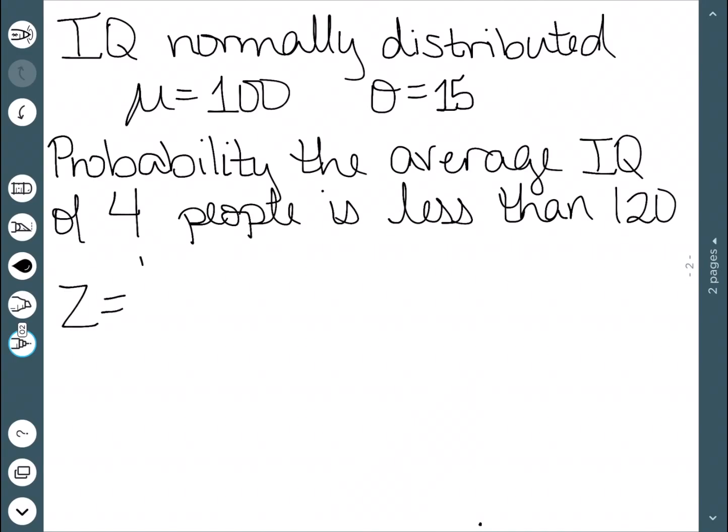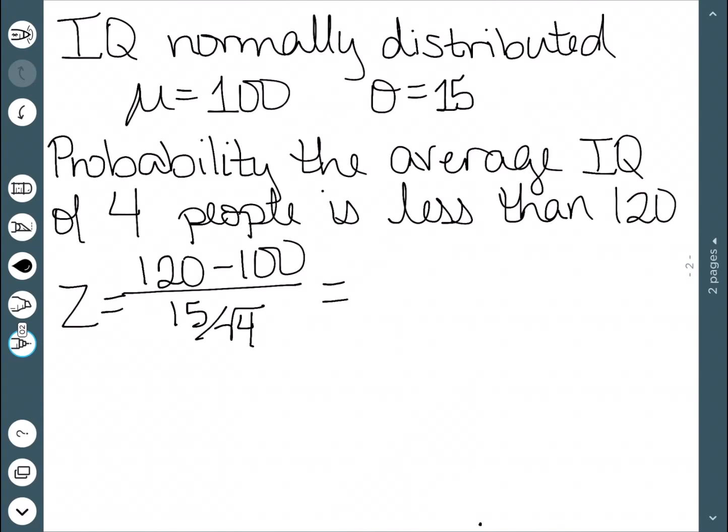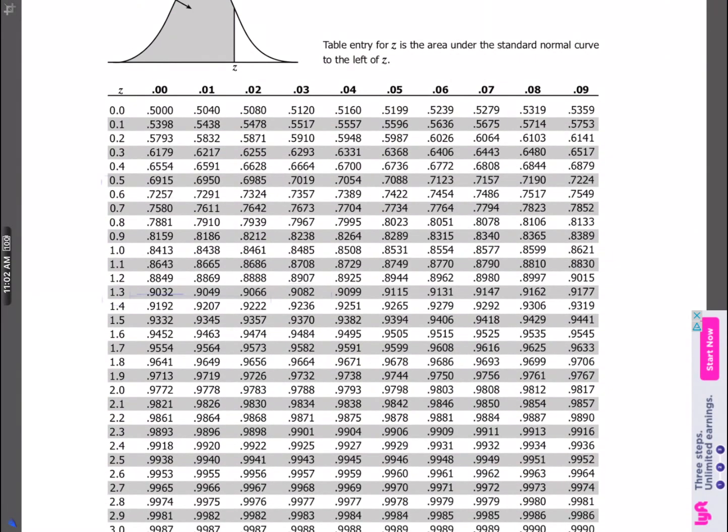So now my z-score is going to change. I still have the data value minus the mean, but this time I'm going to divide by the standard deviation over the square root of the sample size, which is 4. This gives us a z-score of 2.67 that we now need to look up in our table. We go down to 2.6 and then over to 7 to see our probability is 0.9962.